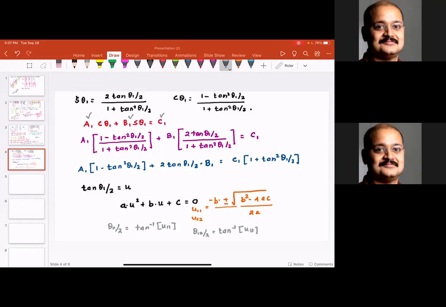Everyone understood this? Now we got two values of theta 1, which are theta 11 and theta 12.